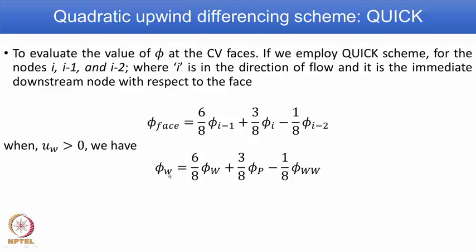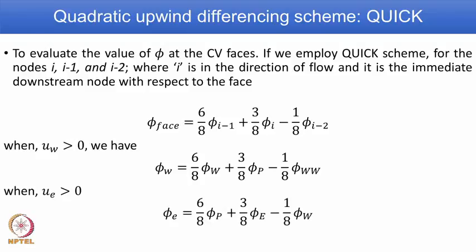So, for the west phase the immediate downstream is the node of interest, that is phi at P, I minus 1 is on the left side and I minus 2 is to the left of the W node, which is phi at WW. So, this formula, which is derived for uniform equal spacing, is a generalized formula and you can apply this for any side, for any direction.